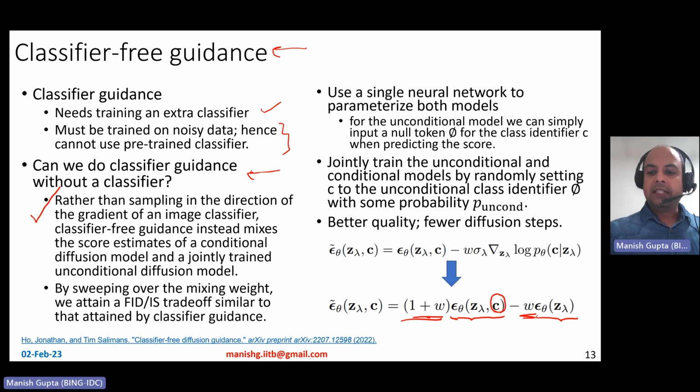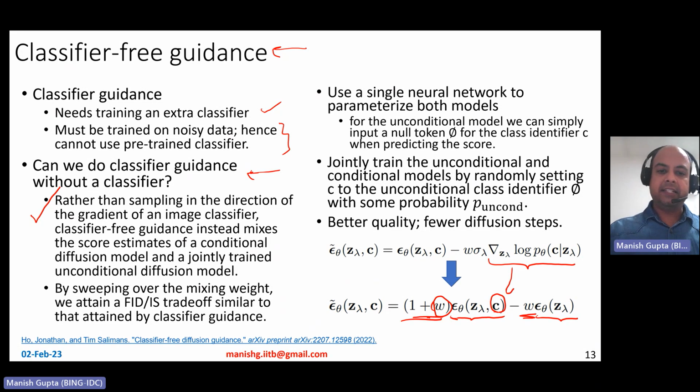So rather than using classifier guidance as here, you are not going to depend on another classifier, but just mix the score estimates from the conditional and unconditional models. Now, how do you combine them? What is W? Well, that can be tuned using hyperparameters, using validation data.